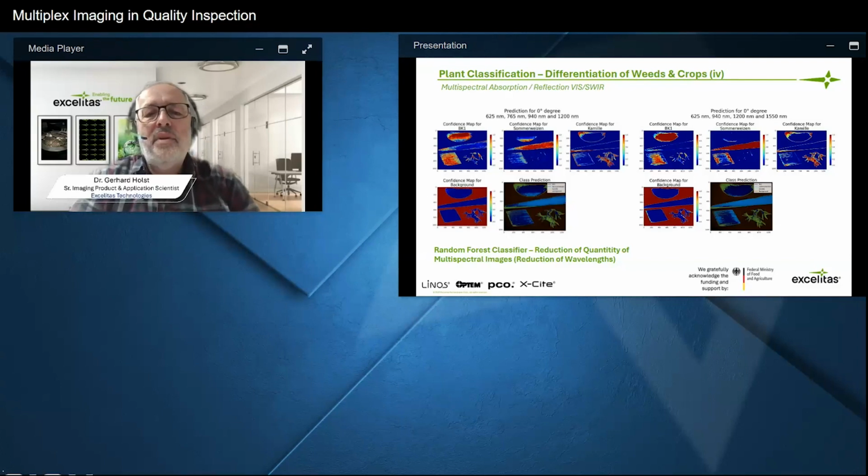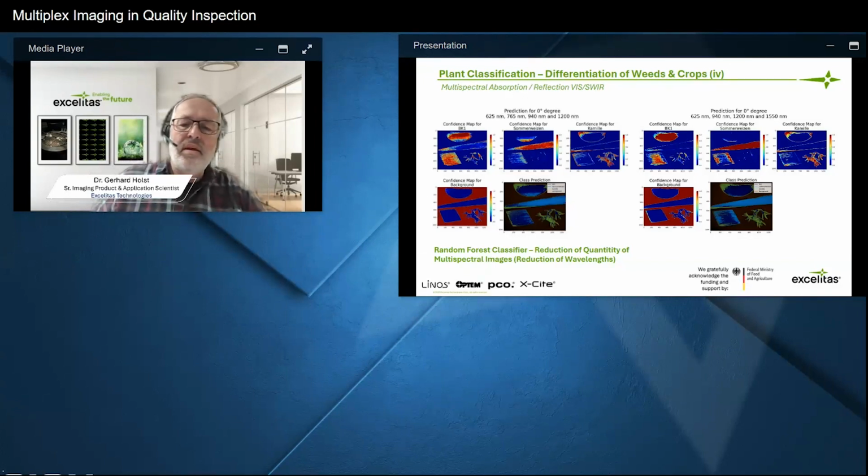But finally, we did all the measurements with 6 different wavelengths, which we considered as too many for practical application. And therefore, we tried to reduce them and did some different combinations and tried to figure out which is best using a random forest classifier.